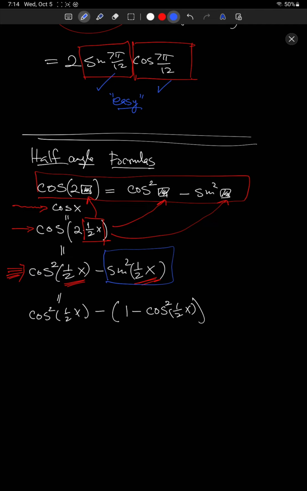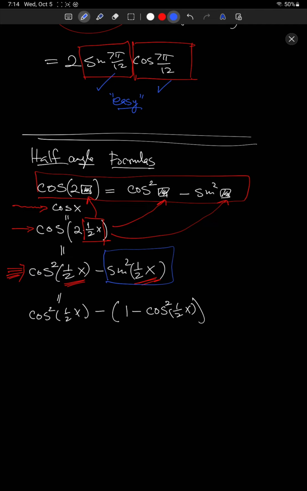Ultimately, I end up with 2 cosine squared 1/2 x minus 1. So from top to bottom, cosine of x is equal to 2 cosine squared 1/2 x minus 1.